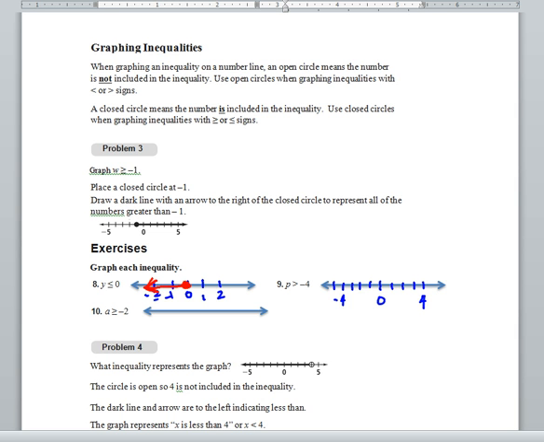We need an open circle at -4. There's no little line underneath the greater than sign, so it's not equal to. It's just greater than. So it's open circle. That means don't use the -4 in your answer. Use everything right up next to it. And we want all the numbers bigger, so we're going to draw a line to the right with an arrow. So everything that's bigger than -4 will make the inequality true.